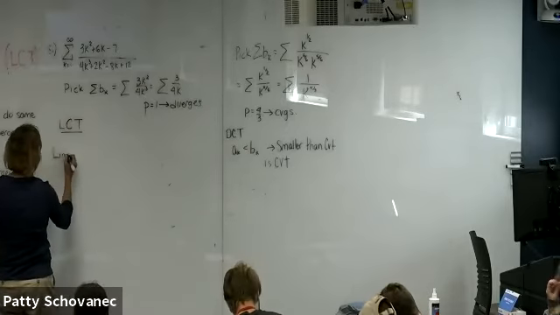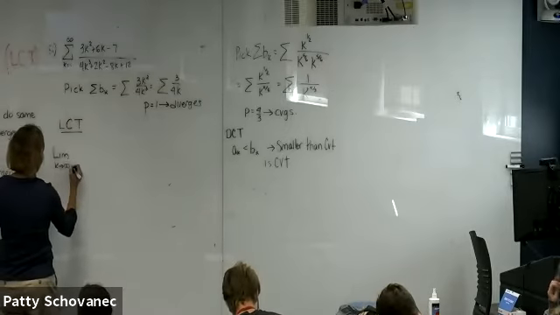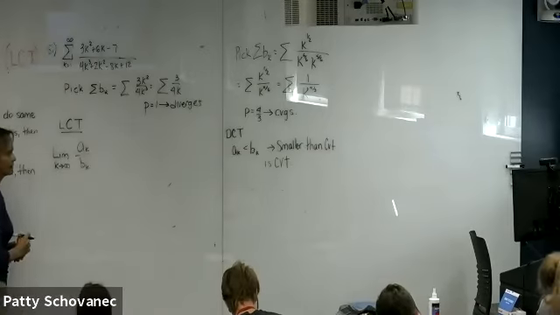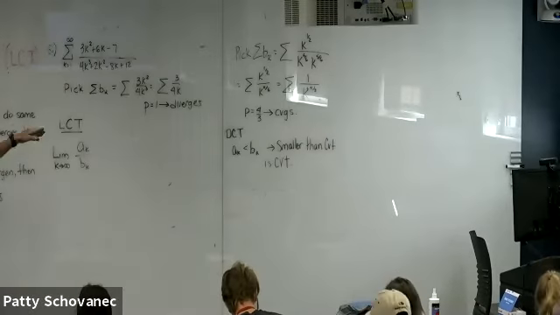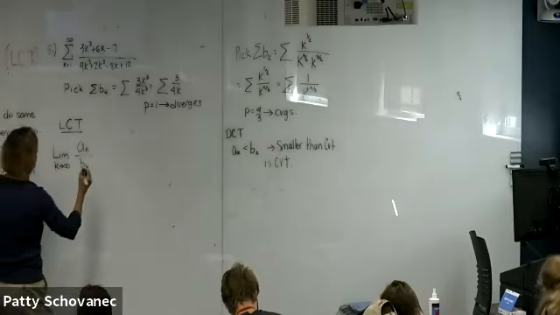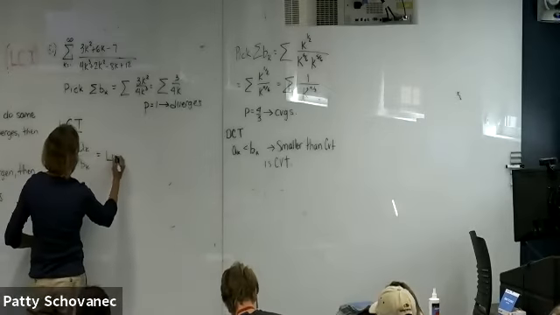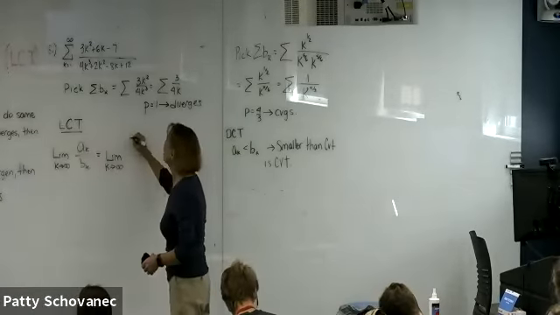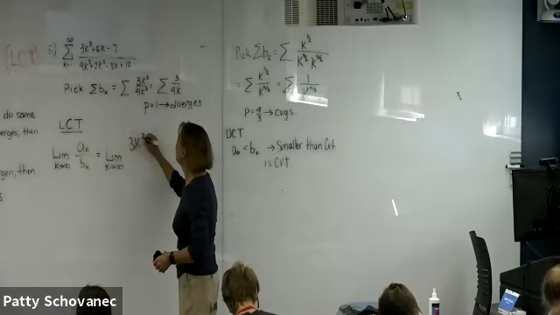Take the limit as K goes to infinity, you take all of the AK and divide by the BK. So I'm going to take that and divide by 3/4K. Takes longer to write than to do.